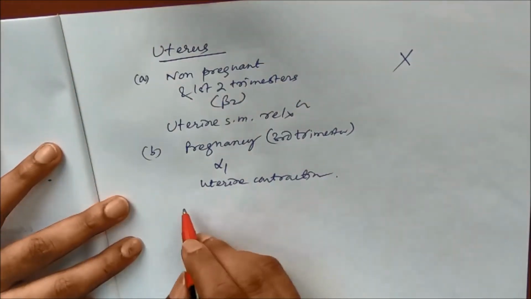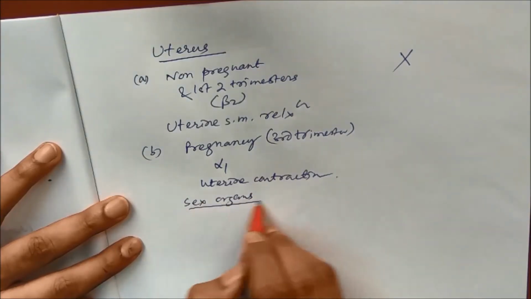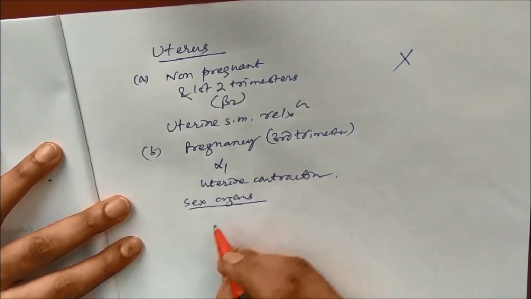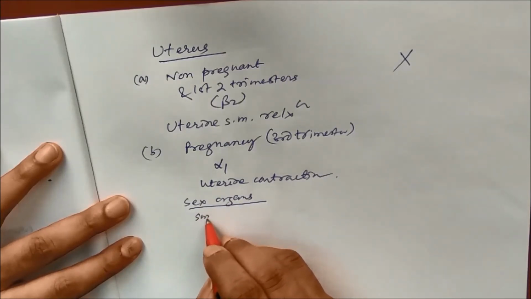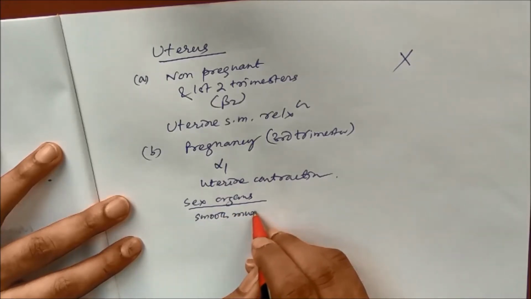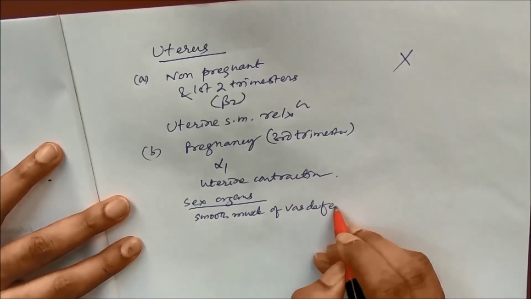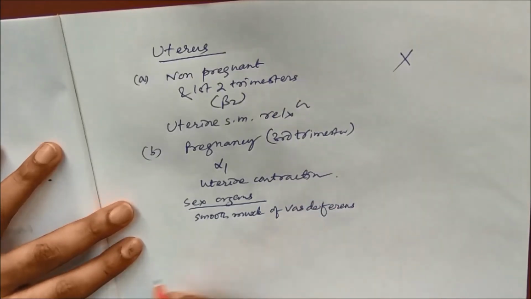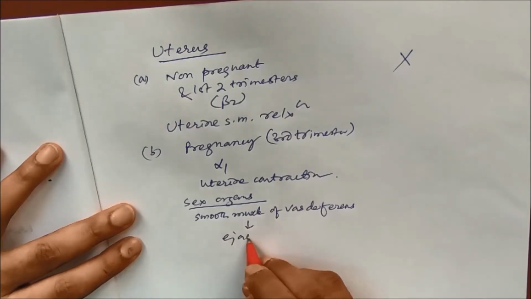And next, sex organs. Smooth muscles are there. So the sympathetic nervous system is supplied to smooth muscle of vas deferens. Okay, so that will cause ejaculation of semen.